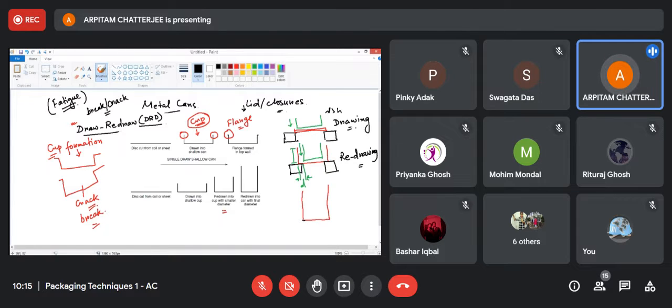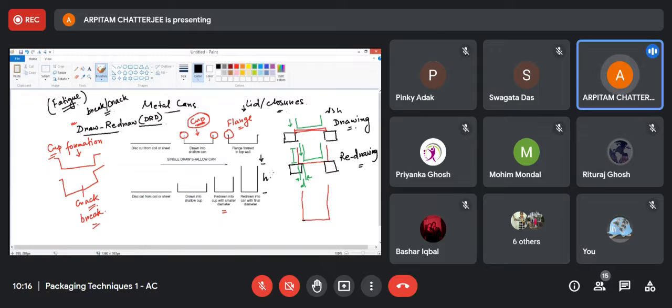So generally we don't exceed more than two redraw steps. That means one draw plus two additional redraws.